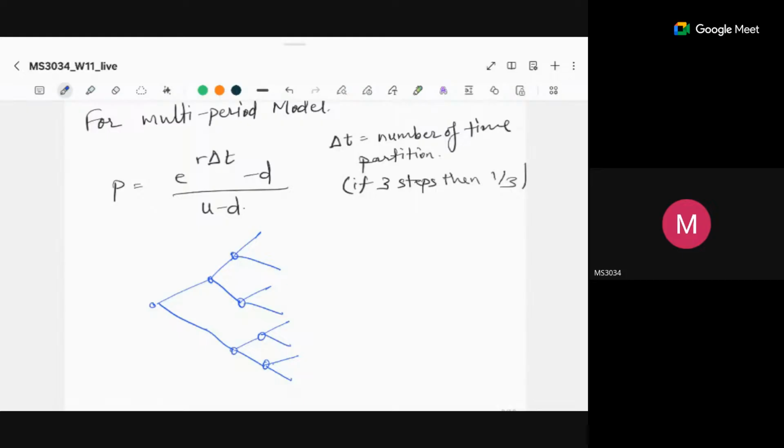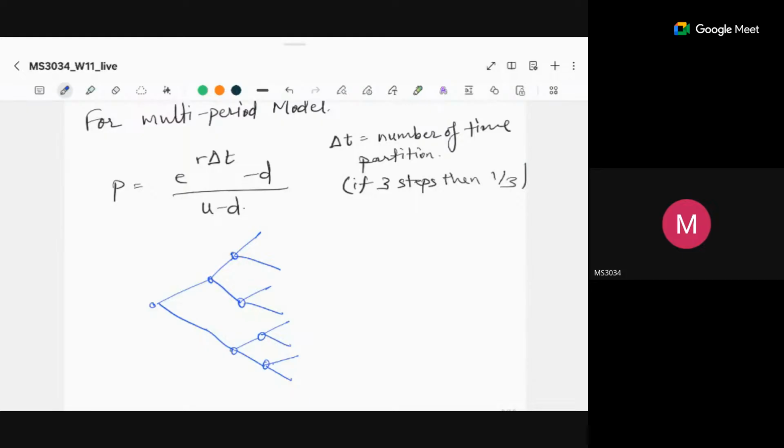These dots are my nodes. That means at that point the price changes, either going up or down. We take this up or down movement to be of the same amount, so U and D are fixed throughout all these price changes.